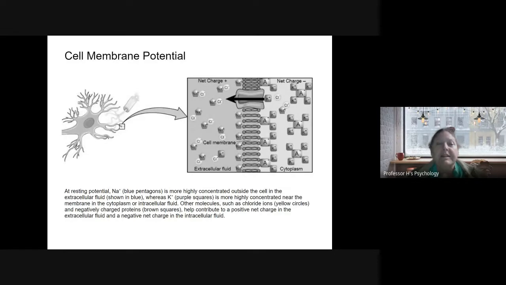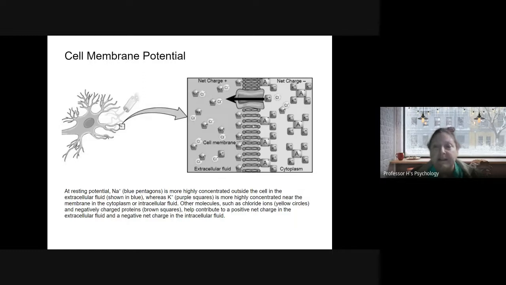Okay, let's take a quick look at what the cell membrane looks like. We talk about these receptors that are inside of the cell membrane, but it's kind of nice to know what the cell membrane looks like. So here is our cell membrane, and this is what you would call a lipid bilayer. We're not going to get into too much detail. I'm going to talk a little bit vaguely because this is an introductory course and not a biopsychology course.